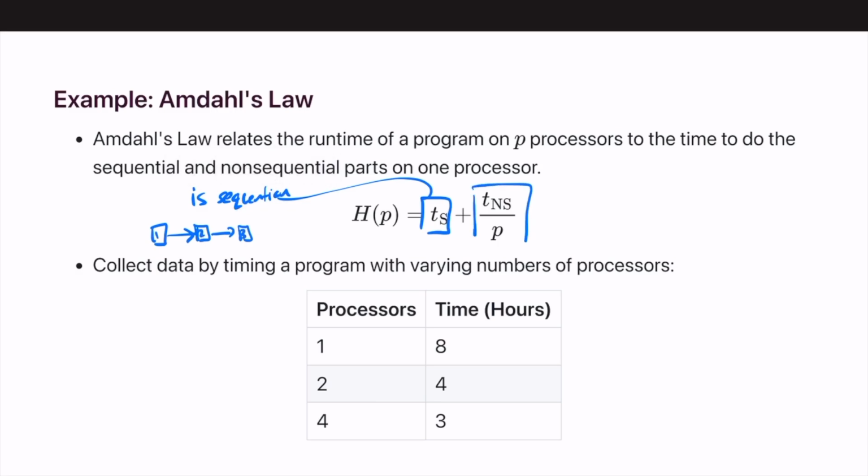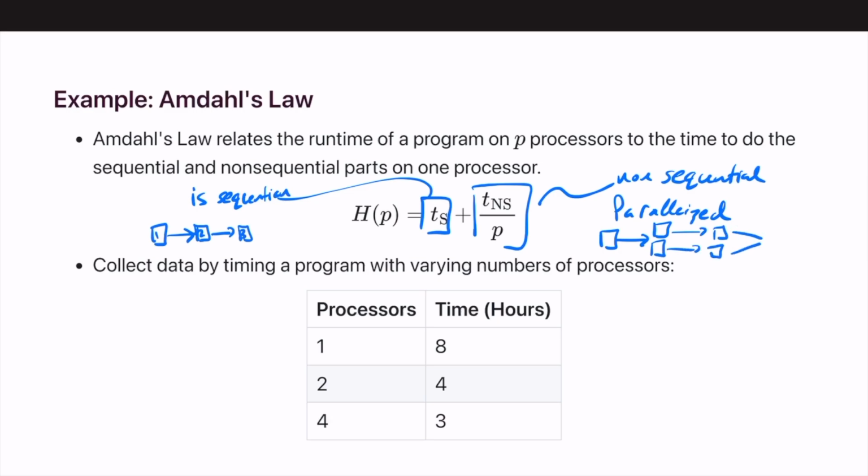Then this part is the non-sequential part, which is stuff that can be parallelized. So maybe something comes here, and then it can be done in parallel, and then comes back together. So the parts here are parallelized.